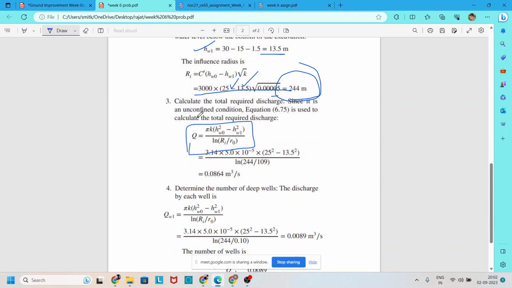After putting all the values in this formula, we find the rate of flow required to maintain this 13.5 meter height of the groundwater table after pumping. And for that, now we find the number of wells required.